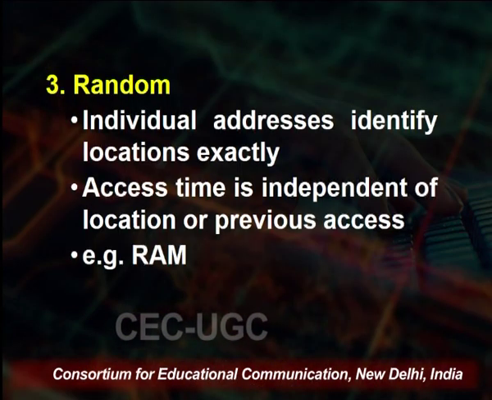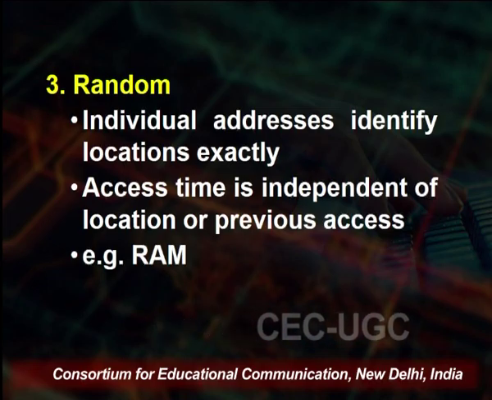Coming to the third one, we reduced the disadvantages of the first, which is sequential, as we moved to the direct, and also the little bit of disadvantage of the direct, because it also involved some amount of sequential search, by getting to this third method, which is called the random method. Random, as the name suggests, means no method is followed.